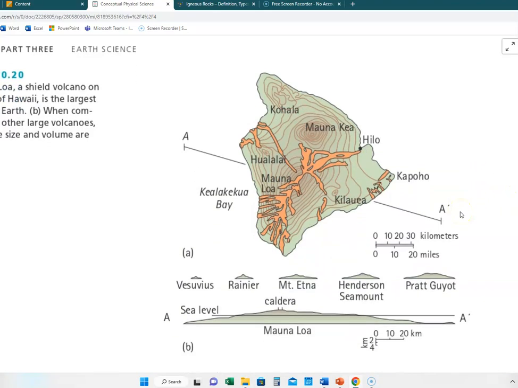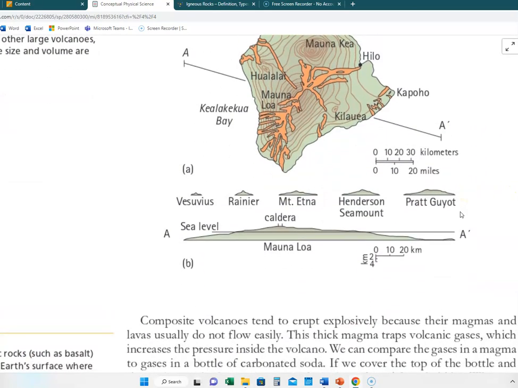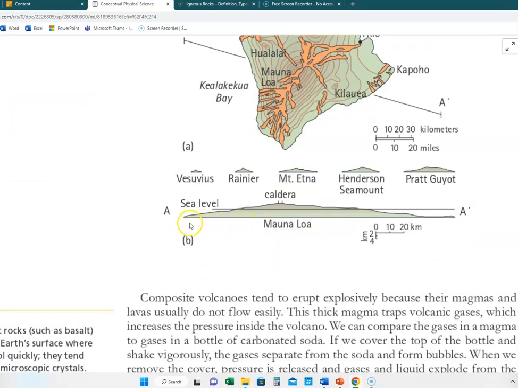All right, so let's take a look at the next page. This is from your textbook. I like this picture right here because it lets you compare some of these other volcanoes to Mauna Loa, the biggest volcano in the world. Even if you looked at it under the ocean, it's by far the biggest.